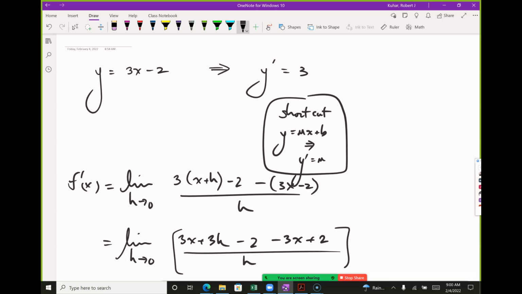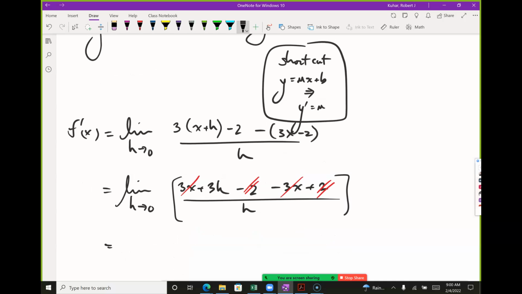You should only have terms with a factor of h left. So the 3x's go away and the 2's go away. So I'm looking at the limit as h goes to 0 of 3h over h, which is the limit of 3, since the h's cancel.